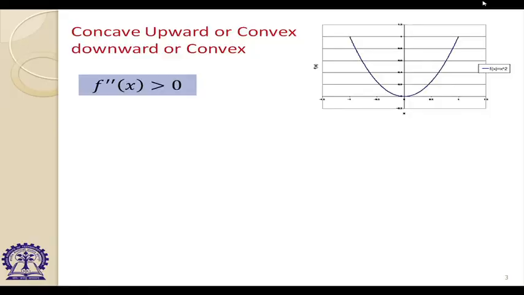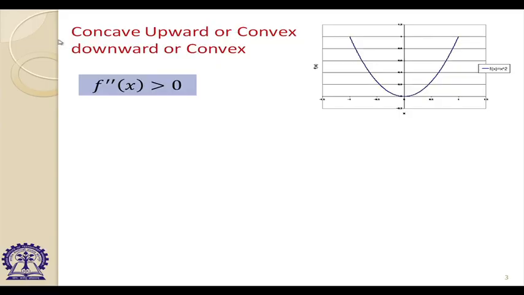We are dealing with functions that are concave upward or convex downward, or in general we call it convex. Now, how to remember that this is a convex function? There is a small trick about it, and it is very nice.